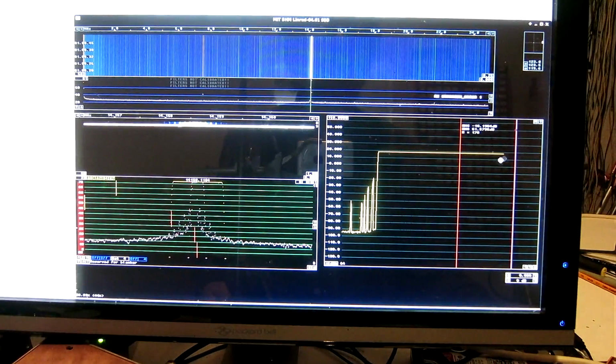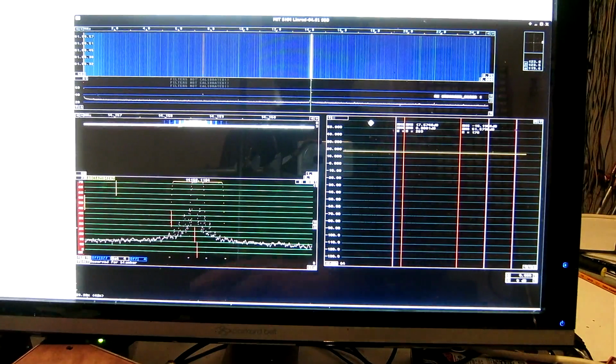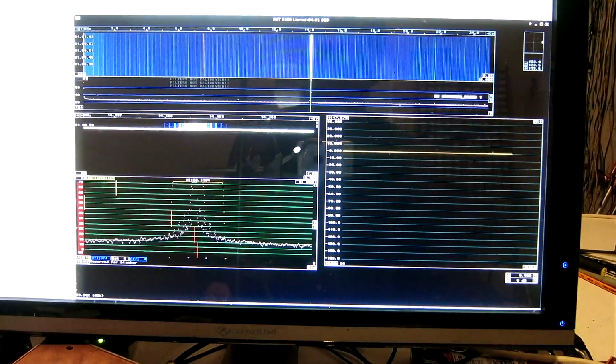Let's see. Sorry. 17.57, 17.57. And then the noise floor 10 kilohertz away. 14168.